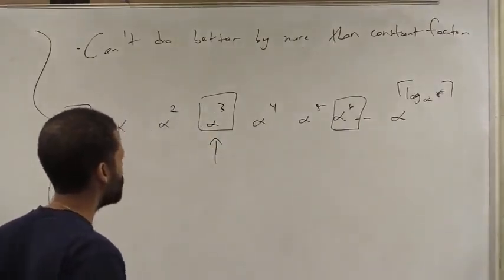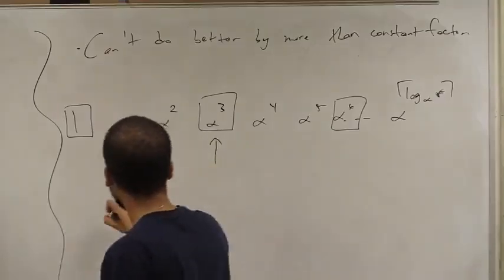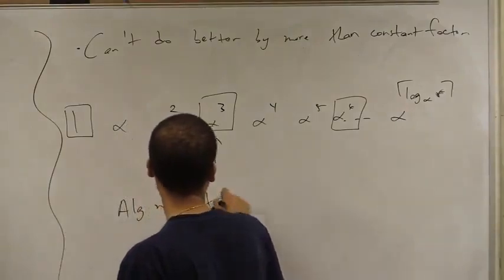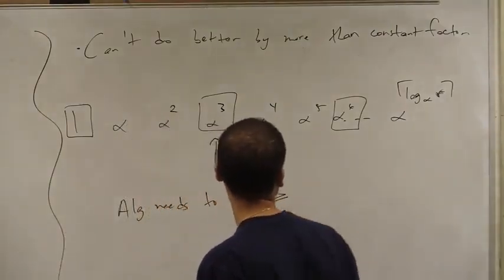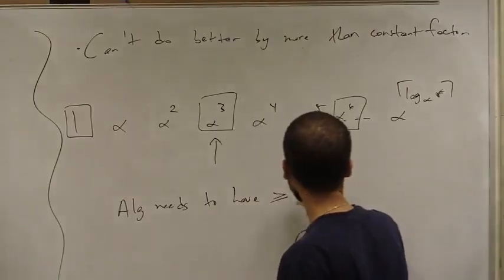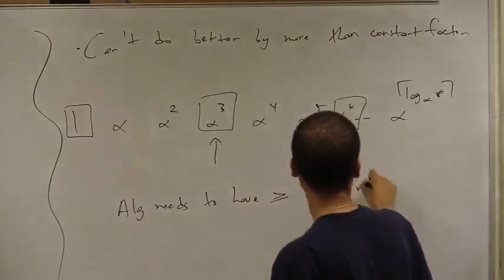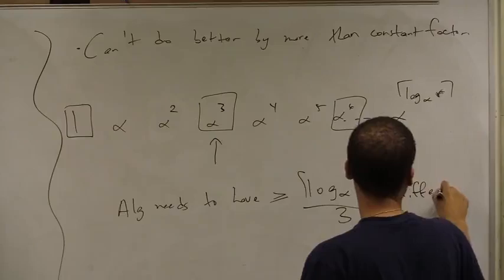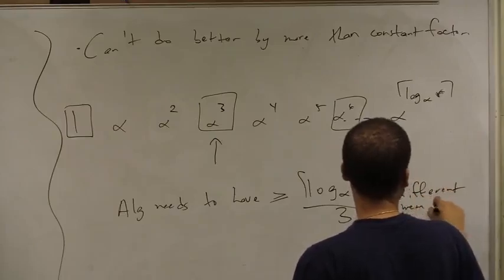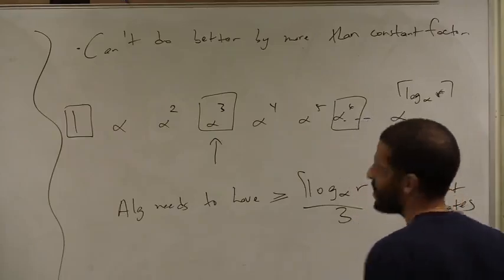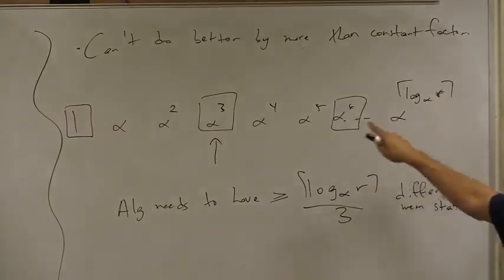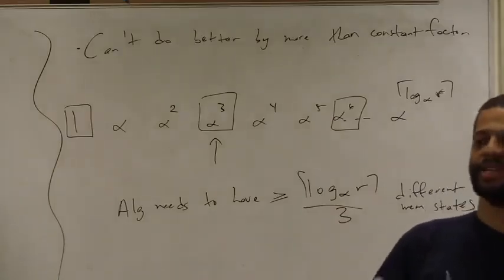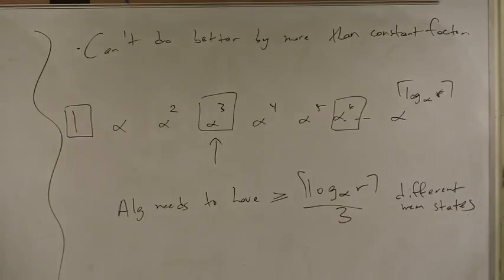Okay. So that means my algorithm needs to have at least log base alpha of r over 3 different memory states. Because otherwise, 2 of these box things would have the same memory state, and I get the same answer, but that same answer can't be within alpha of 2 different box numbers.